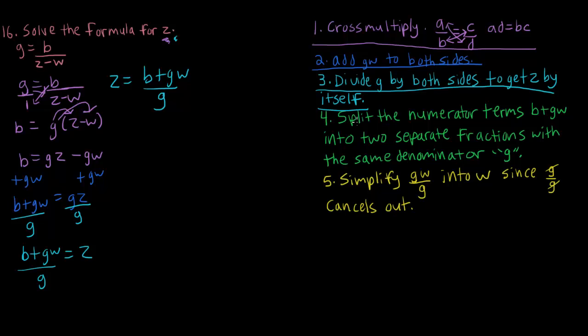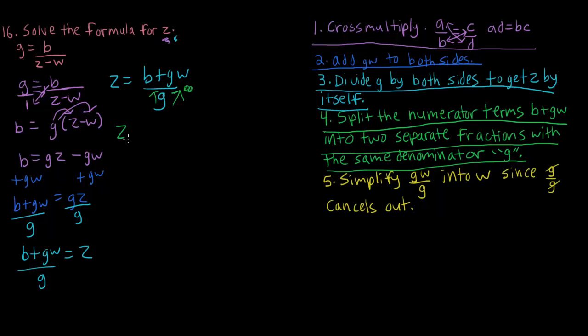Now for step 4, we want to split the numerator terms b plus gw into two separate fractions with the same denominator g. So pretty much right here, we want to try to further simplify this, but everything's clumped together, so we can't, because both of these terms in the numerator aren't multiples of the denominator.